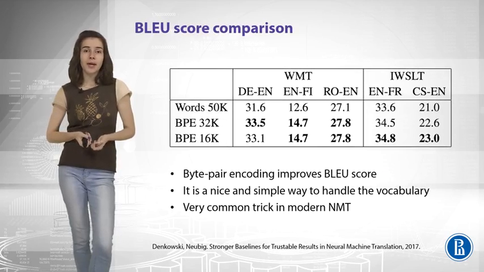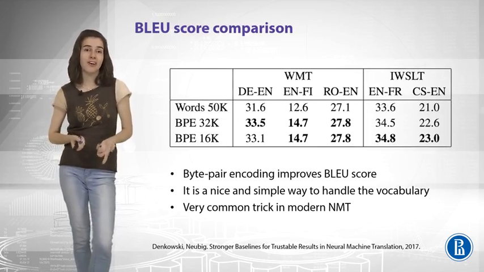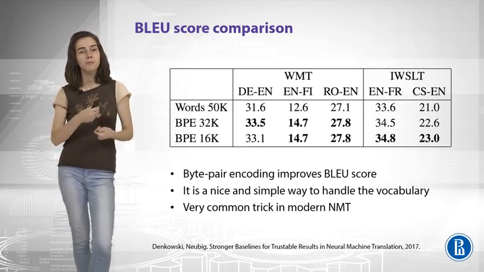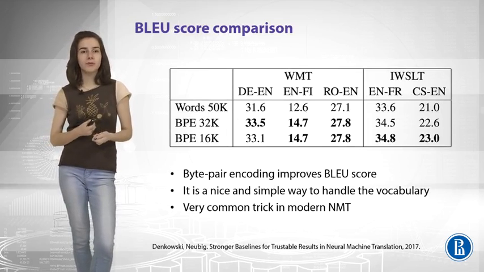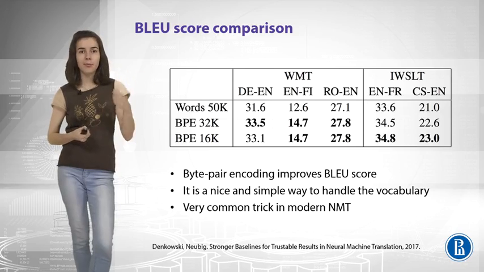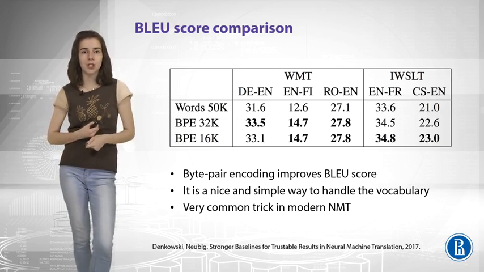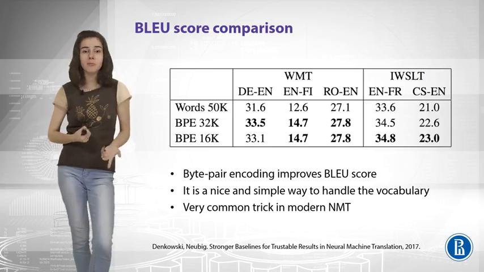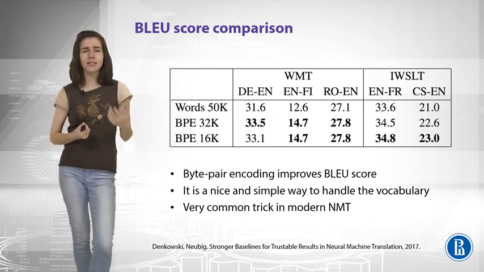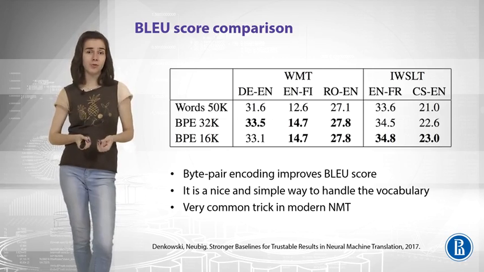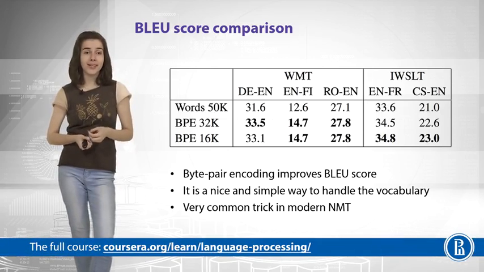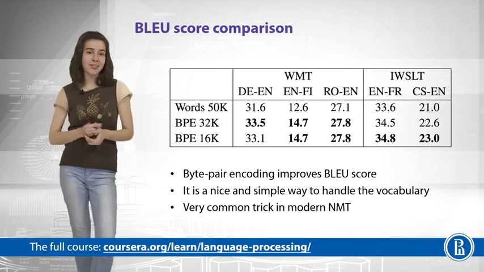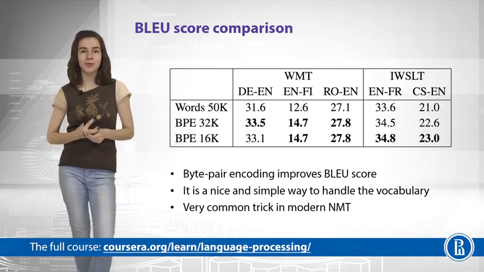And finally, I can show you that this actually works fine. So for some different pairs of languages, for some different tasks from, for example, WMT, which is the Workshop on Machine Translation, you can see that byte pair encoding has better BLEU score than word-based techniques. And actually this BLEU score improvement is very meaningful. This 1 or 2 points of BLEU is a lot. So please use this very nice technique if you someday need to build a machine translation system.